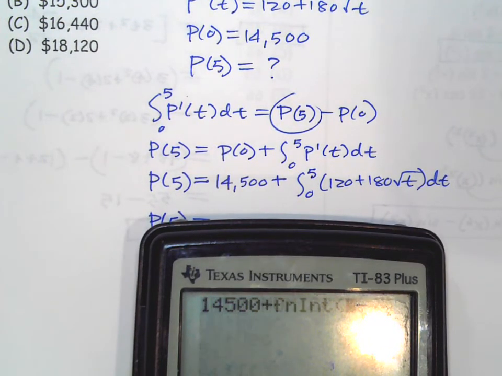So P5 equals plus math 9, 120 plus 180 square root of x, comma 0, comma 5.